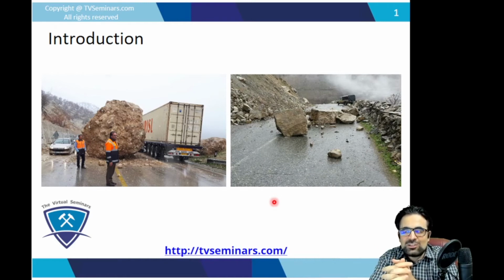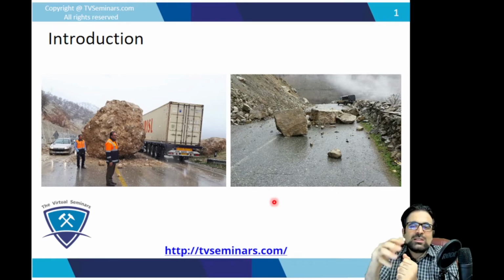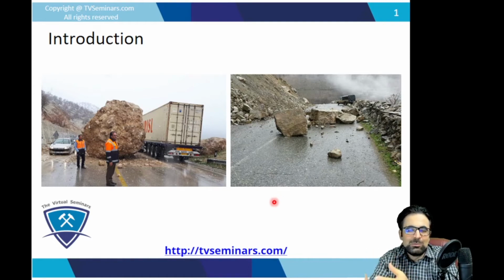For us as researchers and geotechnical engineers, we need to design some types of structures and retaining walls in order to decrease the risk or increase the resilience for the downstream infrastructures and communities.